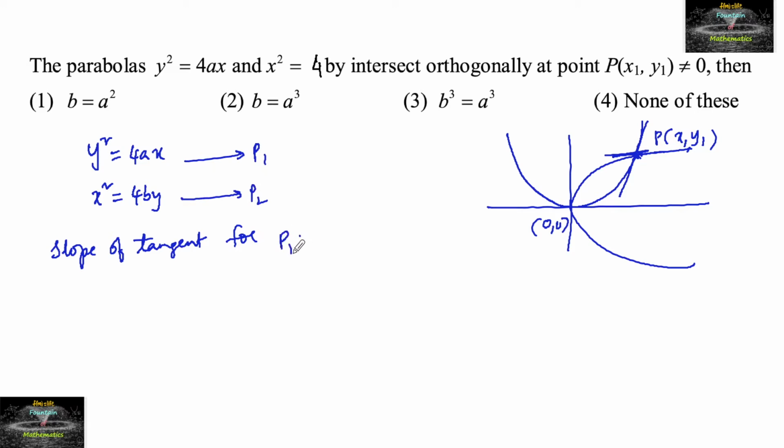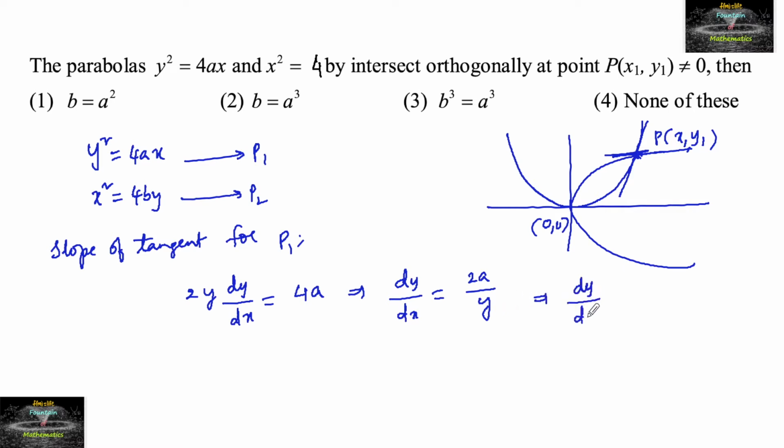For parabola P1, we had 2y dy by dx is equal to 4a, or we can write dy by dx is equal to 2a upon y at point P(x1, y1). Dy by dx at point P is equal to 2a upon y1.